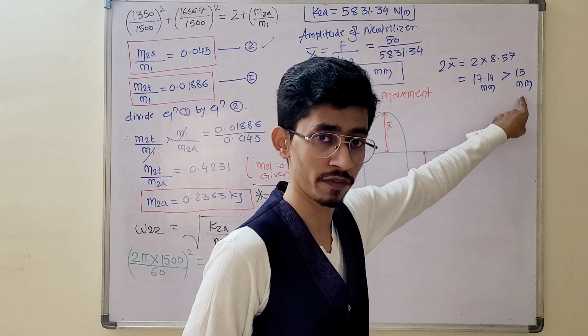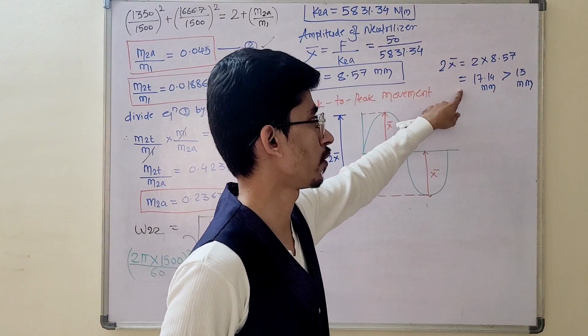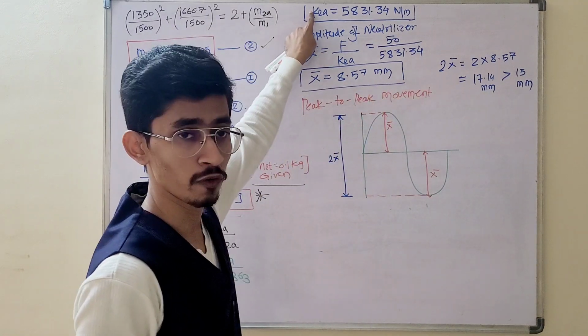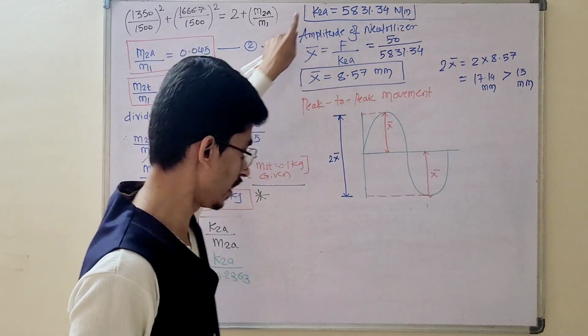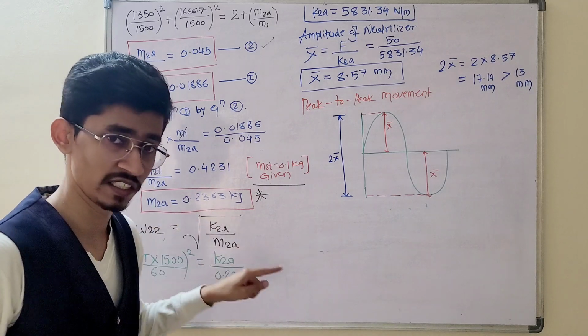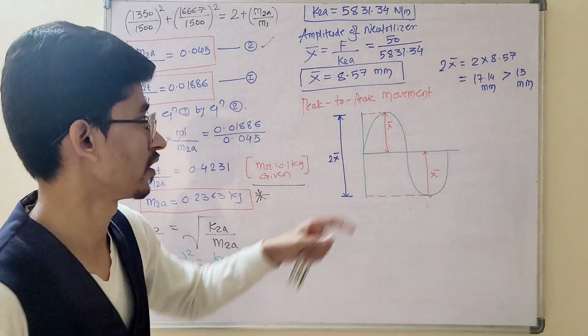The given amplitude is 15, but the obtained amplitude is 17.14. So this value of stiffness is not satisfying the constraint. This trial neutralizer mass 0.2363 kg is not satisfying the given constraint.